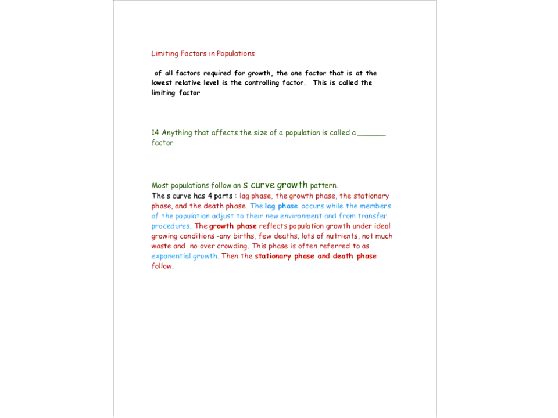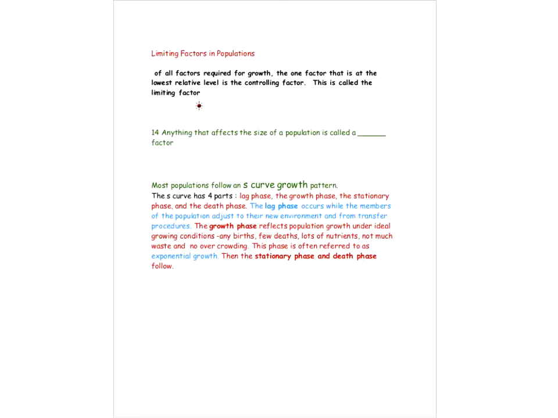Okay, so a limiting factor in a population: there are all the different factors required for growth, but there's one factor that has the lowest relative level. That's the controlling factor, or the limiting factor. For instance, it might be the amount of food that you have, or it might be something else.